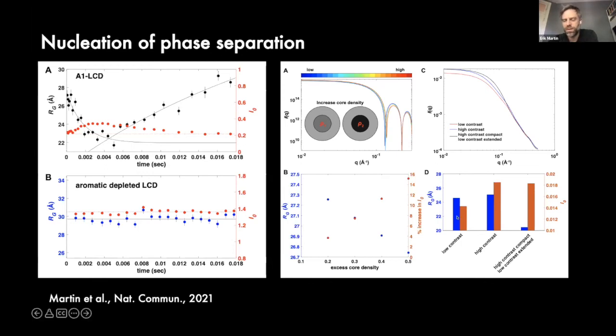We did this with a series of different conditions: low contrast and high contrast. What we expected is that if you collapse the protein, you have a more stable system, with high contrast and compact conformations, and low contrast and extended conformations. Again, we see this trend where you decrease the radius and increase the zero angle scattering.